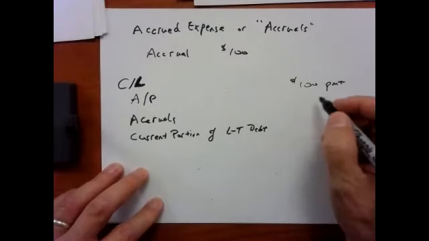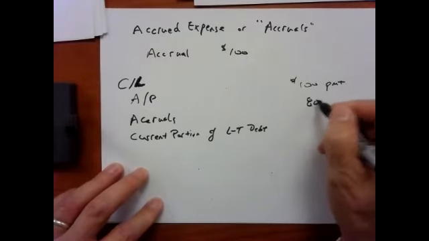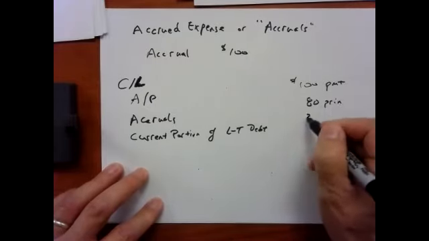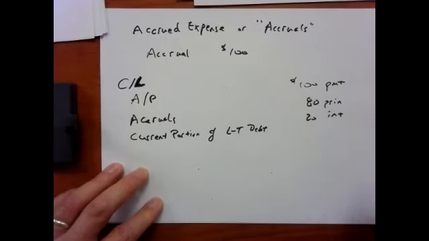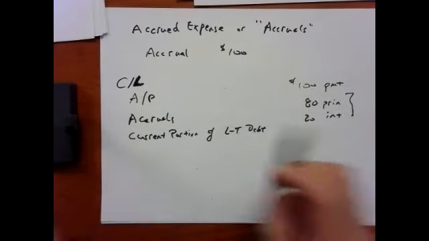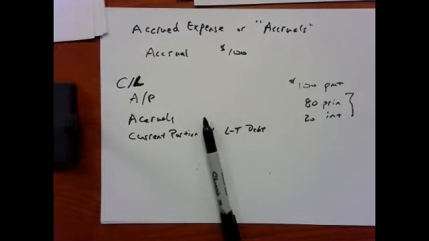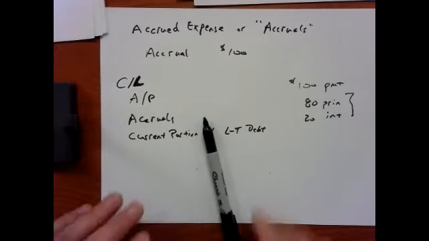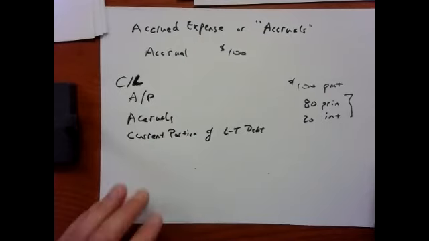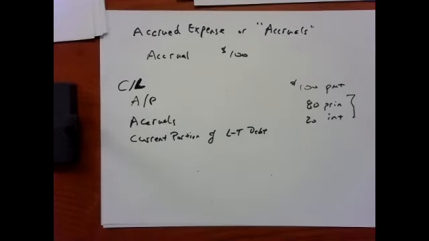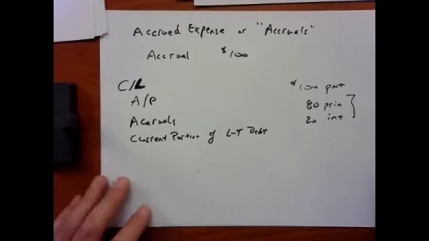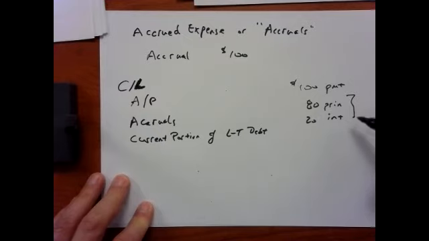Let's imagine there's a constant $80 towards principal, $20 towards interest. Now, this is the fiction. It's constantly changing, and we'll get into that in chapter 9, where I'll show you how to actually calculate a mortgage payment schedule. But let's say, just to simplify our example, that this is the constant relationship.